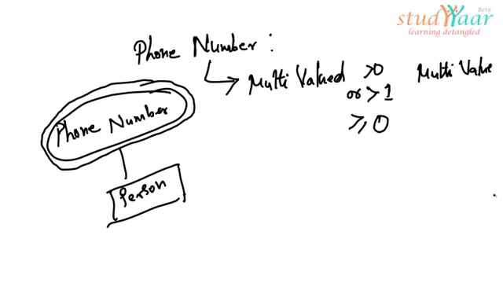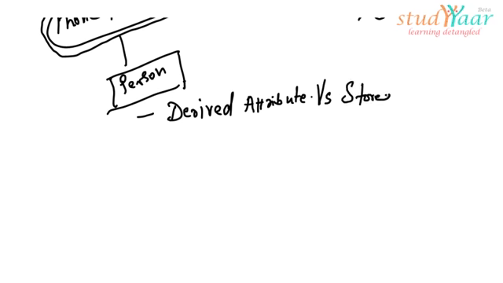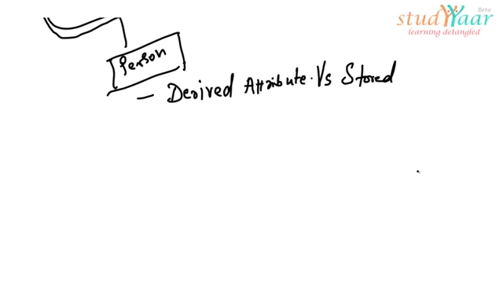Next we'll see what is a derived attribute. Derived versus stored attribute. Okay. Let's suppose we have a date of birth attribute.